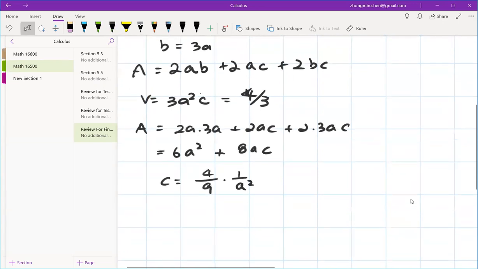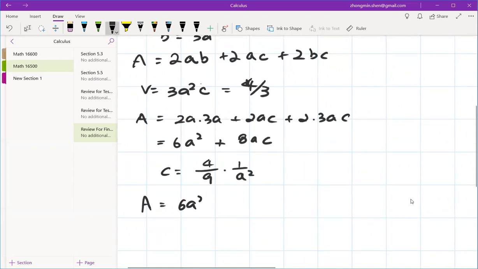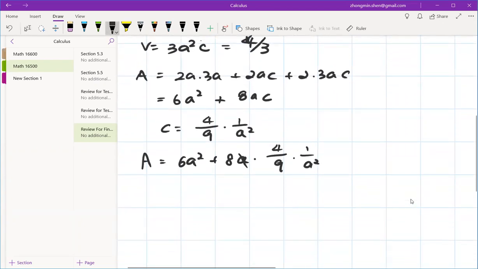So you use that, then the area is going to be 6A squared plus 8A times C, where C is 4/(9A squared). Okay, so you simplify it, and it's only 1 function. Then just find the minimum value of this function.